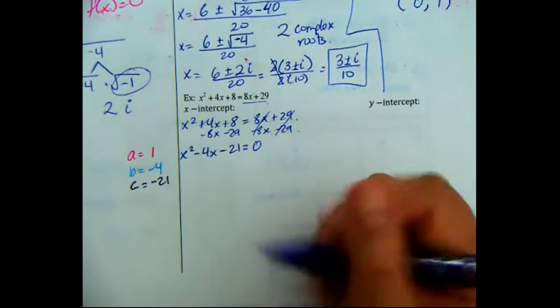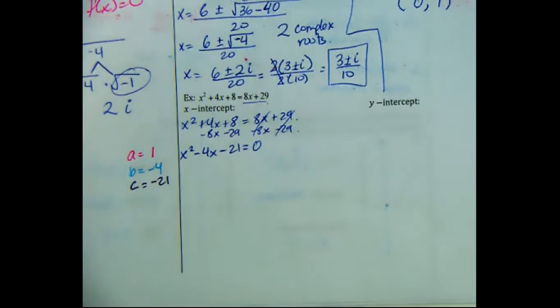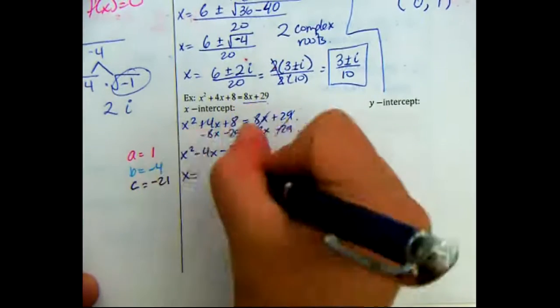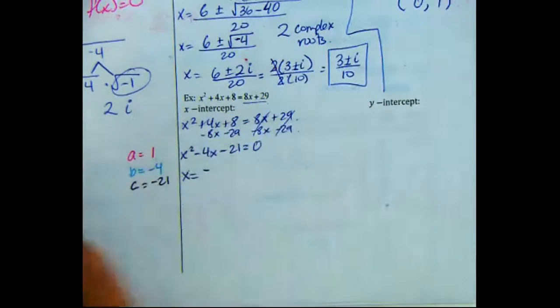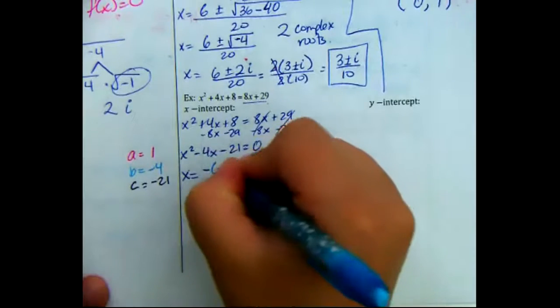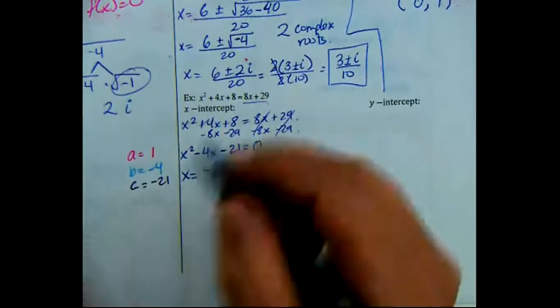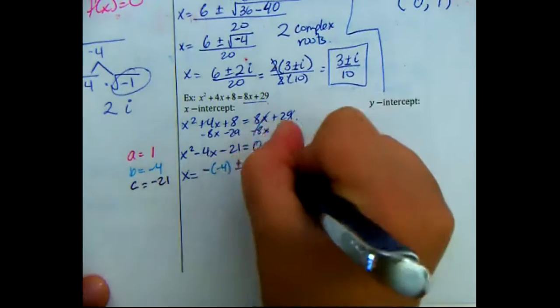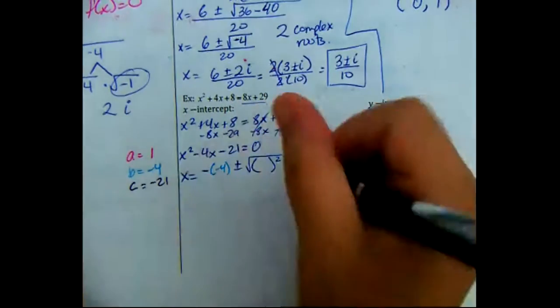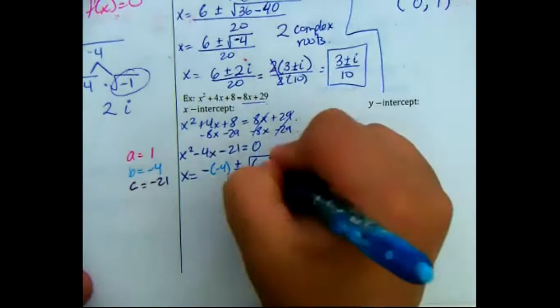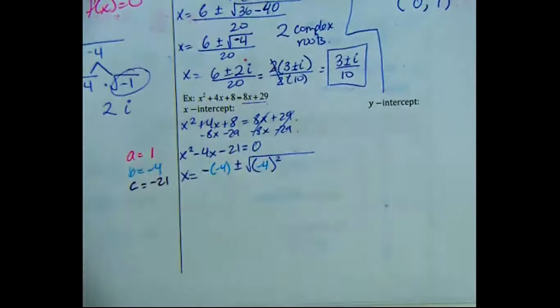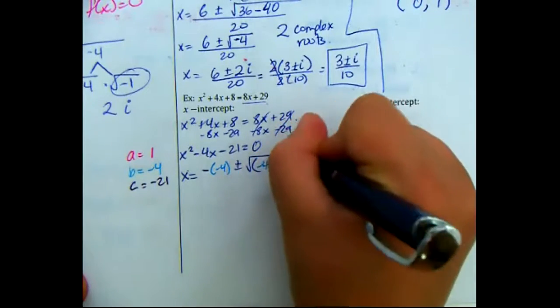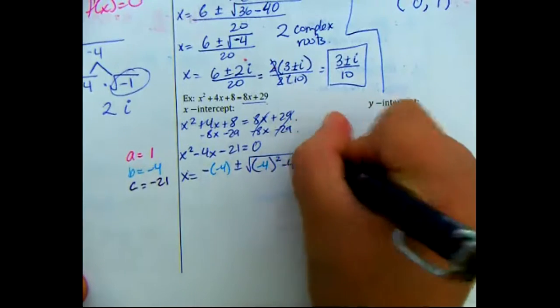All right. So if we take a look at all of that, we have x is equal to negative, from the formula, and then I have a -4 there for my b, plus or minus the square root of my b squared, which is going to be -4 squared, minus 4 times my a times my c.